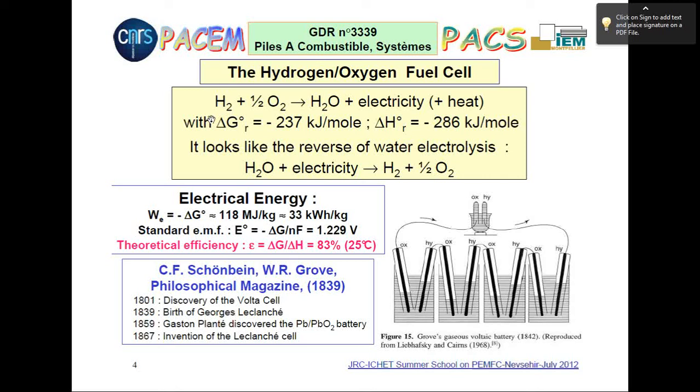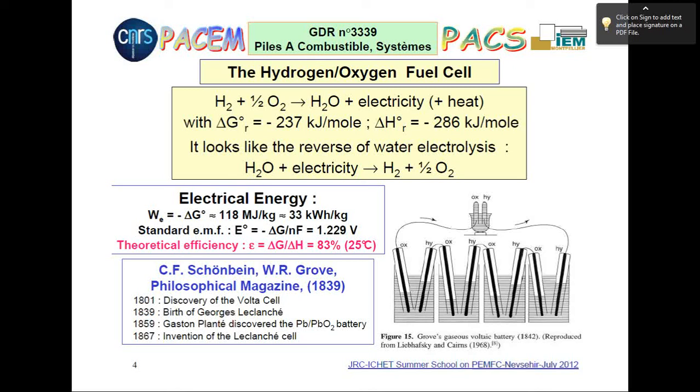So at the beginning, it was the famous Grove experiment, and in fact, also Schönbein, a German-Swiss scientist, was involved. Both of them published within one month in early 1839 the principle of the fuel cells.